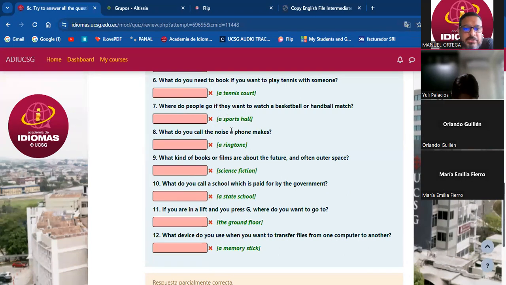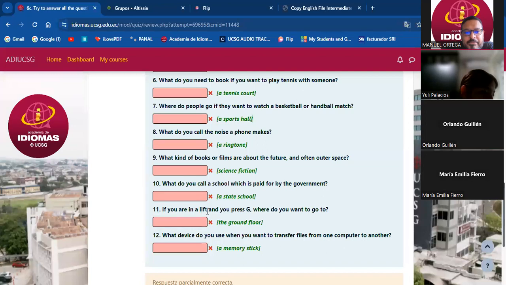What do you call a school which is paid by the government? Remember, this is British English, right? So that's why they put here a state school. Sometimes we describe it like public school as well. A state school. Una escuela del gobierno, una escuela estatal.